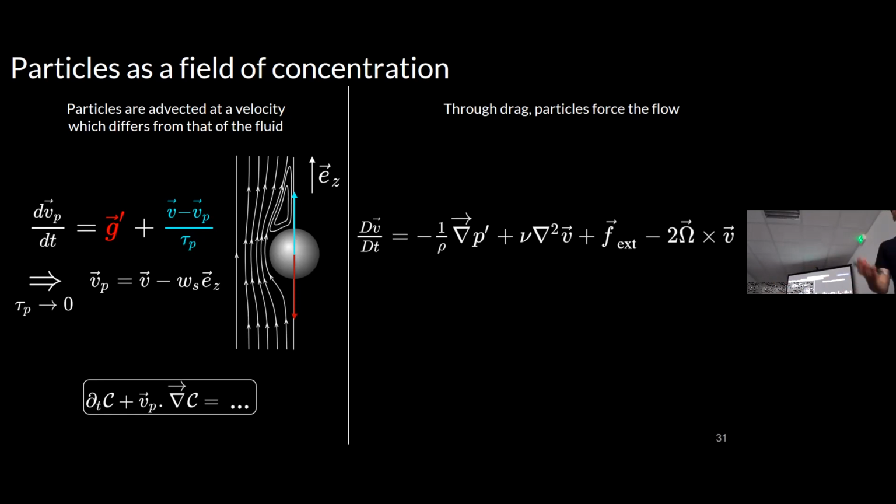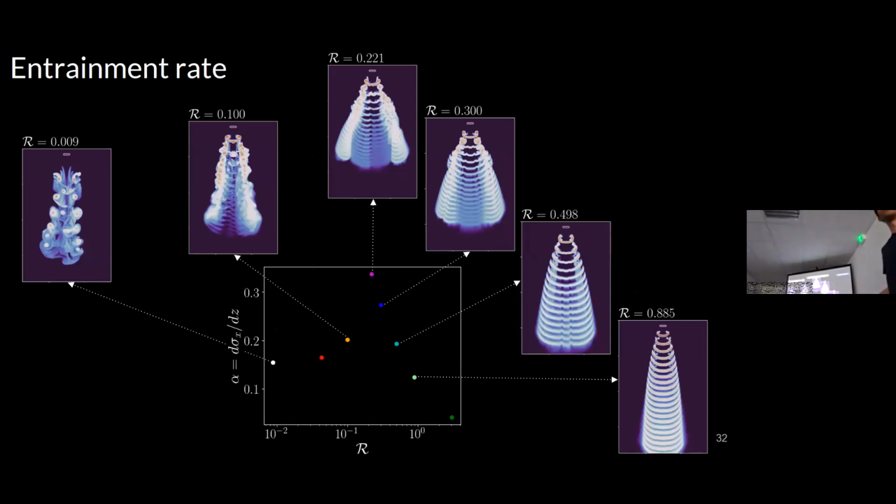If you write it in the continuous approximation, with a field of concentration, this term is proportional to the concentration in particles, which is consistent with everything we've seen before and with our everyday life experience, okay? So it's extremely simple. It's very basic physics. It's the minimum physics to model this, but it very nicely captures most of the experimental observations I've shown you and even others.